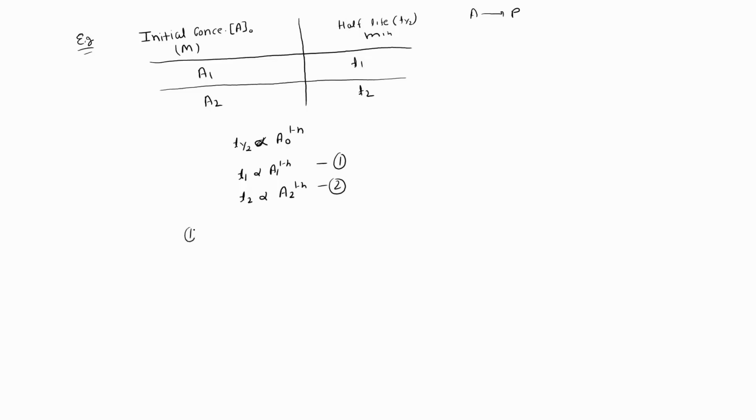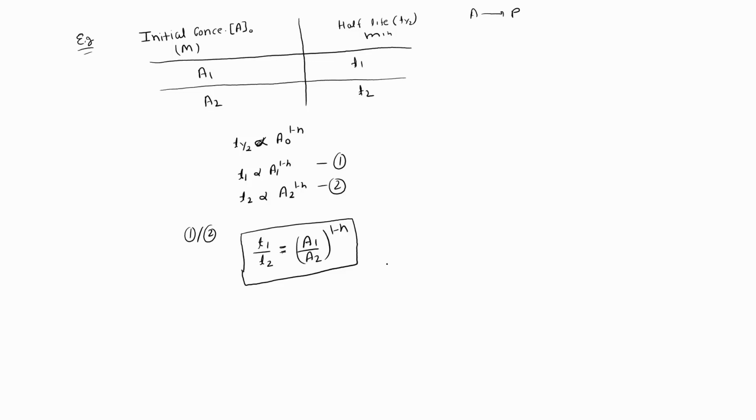If we divide equation 1 by equation 2, then we have T1 by T2 equal to A1 divided by A2 to the power 1 minus n, because the proportionality constant cancels and it is converted into equality. So we have a relation between T1 and T2, and we have to use this equation to solve all the questions related to half-life.